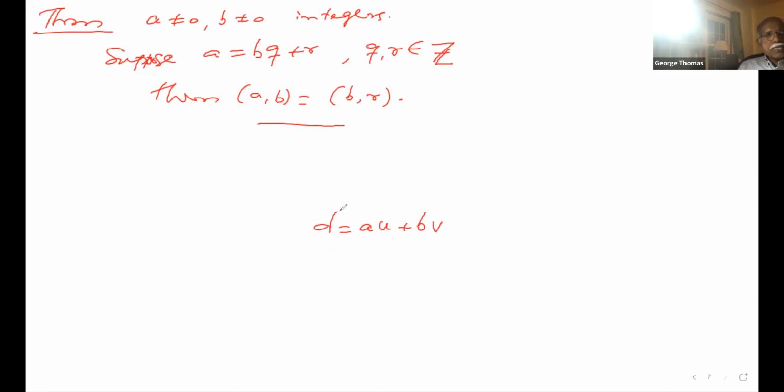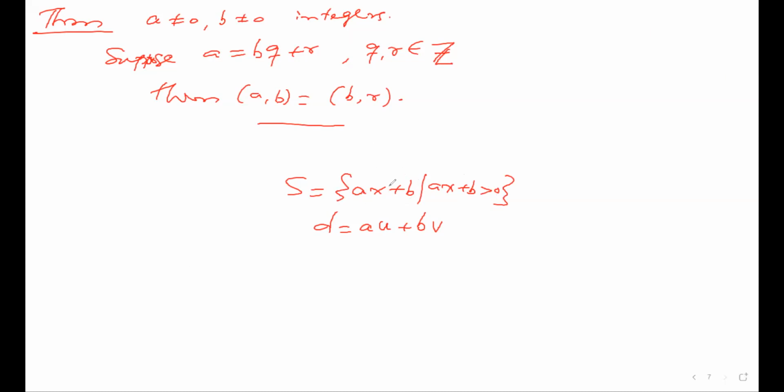D was the smallest element of this set, AX plus BY, where AX plus BY is bigger than 0. The smallest element has to look like that too, doesn't it? If D is an element from this set, it looks like this. My question was, how do you know that D is of the form AU plus BV? That's exactly what I answered. If D is an element of S, then D must look like this.